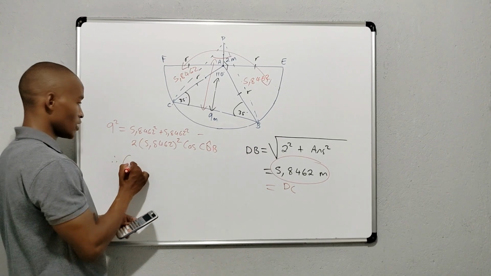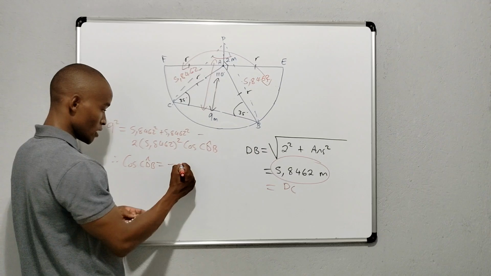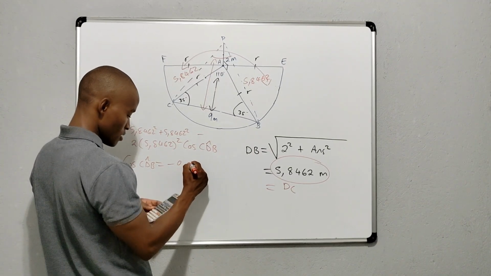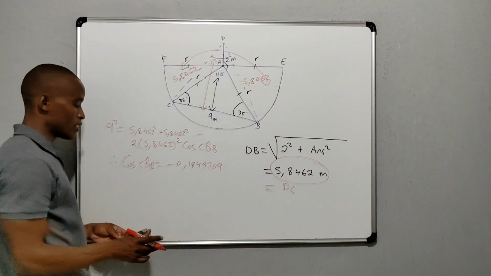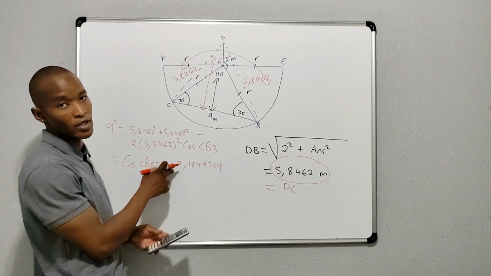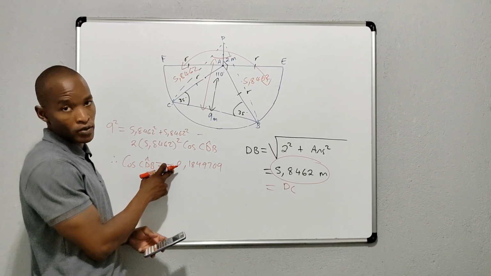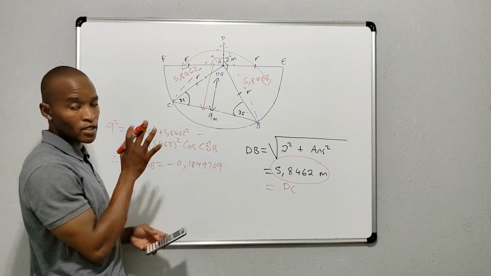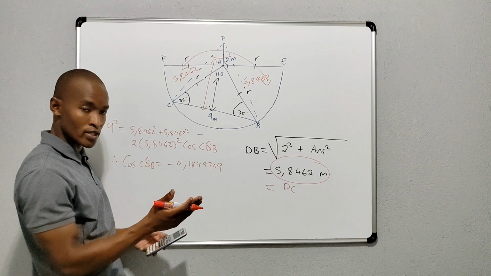Okay, and therefore we have cos of CDB is equal to -0.1849709. Okay, cos of an angle is negative. In which quadrant is that happening? Quadrant 2 and quadrant 3. The maximum sum of the 3 interior angles of a triangle is 180. So definitely we're limited to quadrant 2.